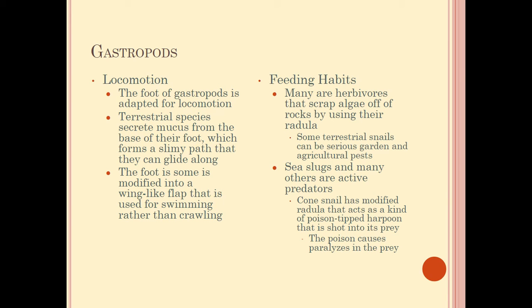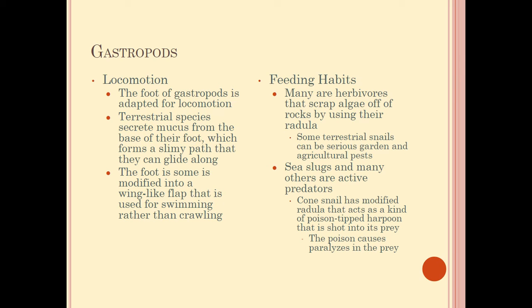The terrestrial species will still have a foot, but it secretes a mucus that allows it to glide across surfaces. That's why we have that sticky mucusy thing when you have snails in your garden. The foot, again, is some type of modified flap that will allow for swimming or crawling, depending on if it's aquatic or terrestrial.